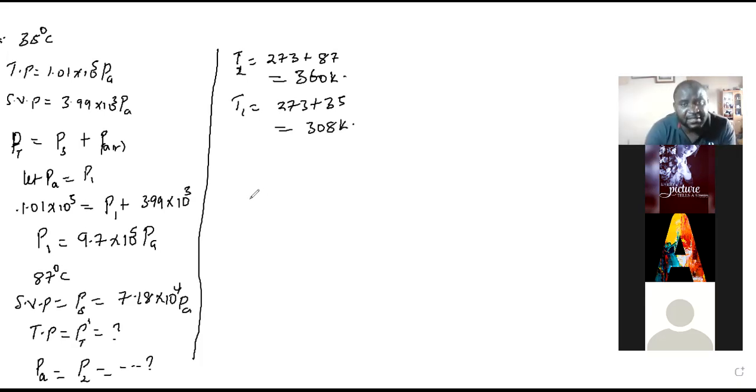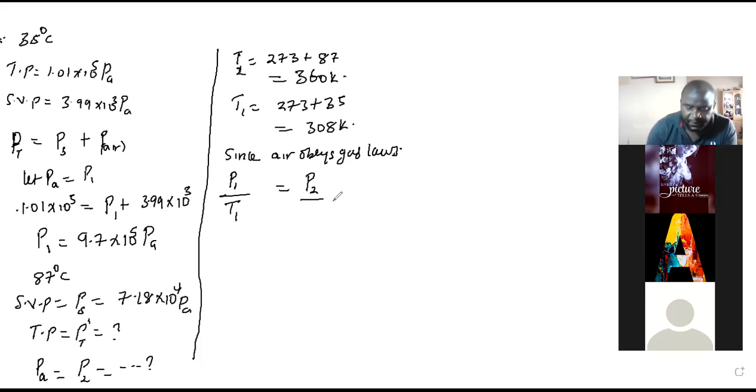Now, since air obeys gas laws, but saturated vapor does not, the pressure P1 of air over the temperature T1 is going to be equal to the pressure at 87 over the temperature at 87.